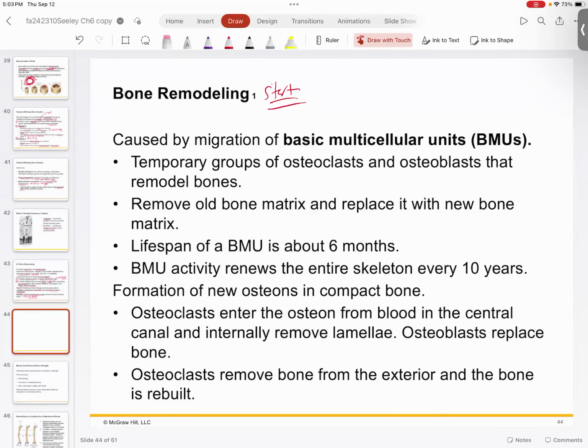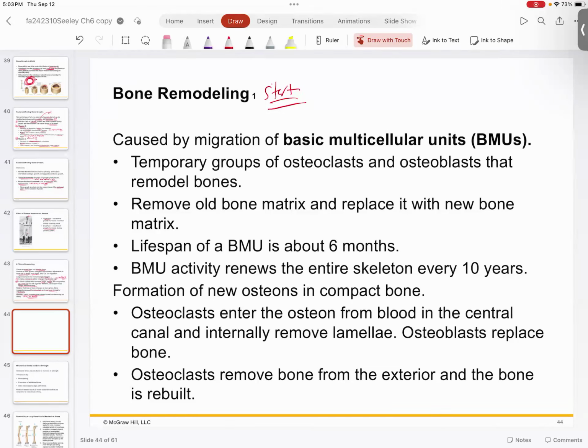We're not talking about when you've broken your arm and have to make new material to reconstruct the broken bone. This is just normal skeletal maintenance. The activities of the BMU mean that your skeleton is turned over with new material roughly every 10 years or so.